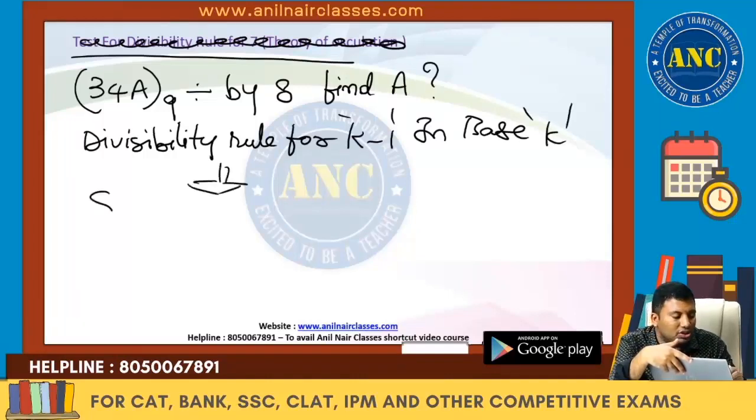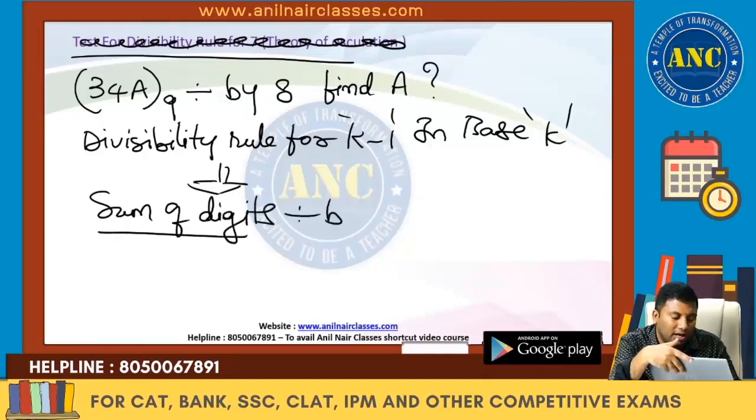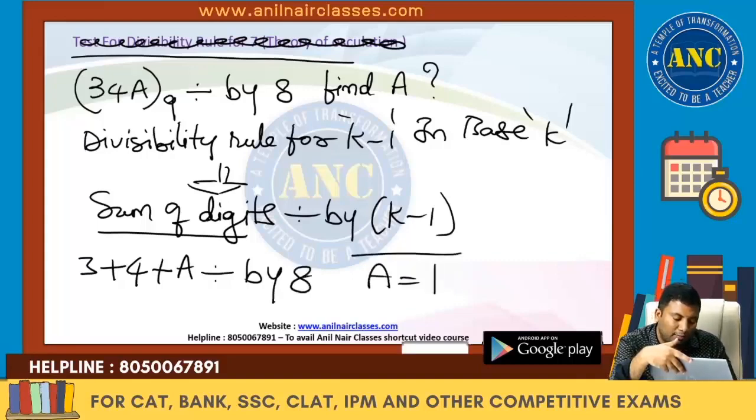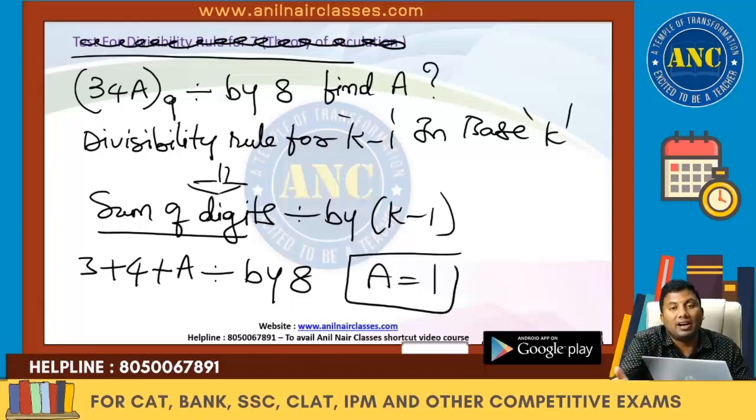Sum of the digits should be divisible by k minus 1. 3 plus 4 plus a should be divisible by 8 in base system 9. 7 plus a should be divisible by 8. What is a value? 1. I hope you got the idea.